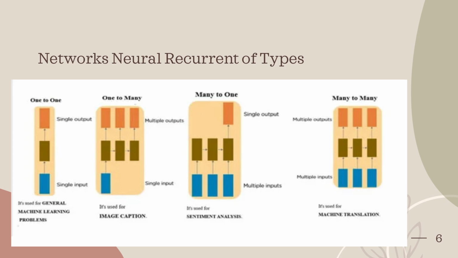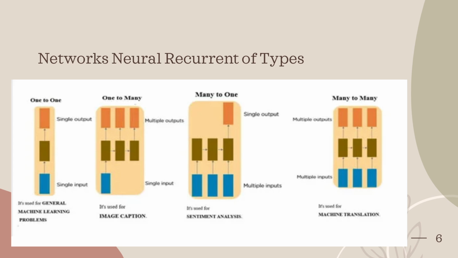Third is the many to one recurrent neural network, in which we have a single output and multiple inputs, and we can implement multiple hidden layers between them.